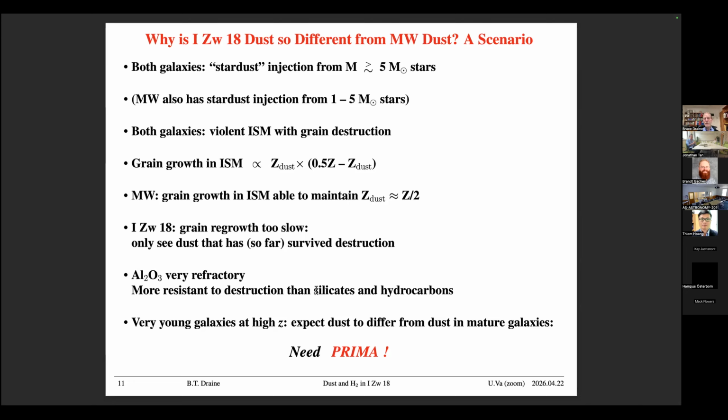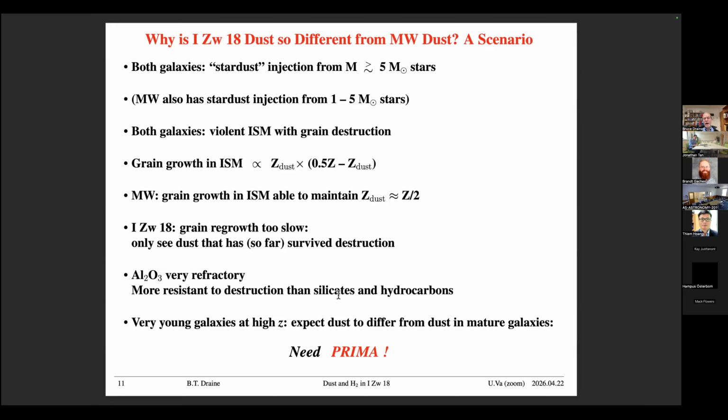The dust goes out into this very violent interstellar medium with supernova blast waves and H II regions and all the other things going on when a star is energized in the interstellar medium, and it gets destroyed. And what we're left with is the toughest of the tough. So Al2O3 is a very refractory material, and you might imagine that it would survive longer than silicates in the hostile environment of supernova shockwaves. And so maybe that's why Al2O3 ends up being a favored species to find in 1 Zwicky 18.